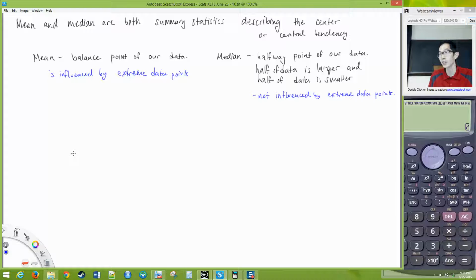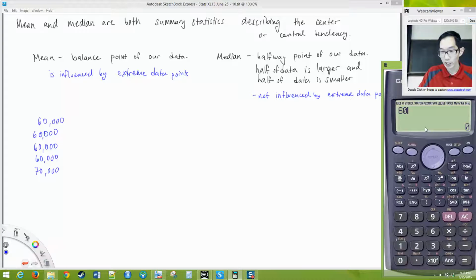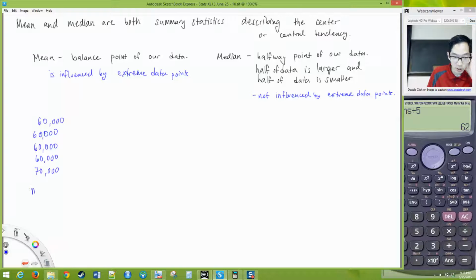And maybe the incomes are 60,000, 60,000, 60,000, 60,000, and 70,000, okay? So you got 4 people and maybe the foreman or whatever. And so you do 60 plus 60 plus 60 plus 60 plus 70 divided by 5, and you get the average, the mean, is equal to 62,000.